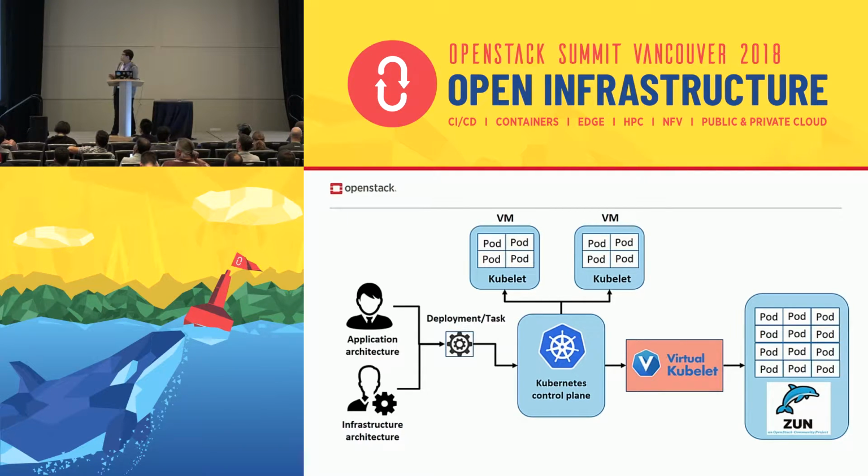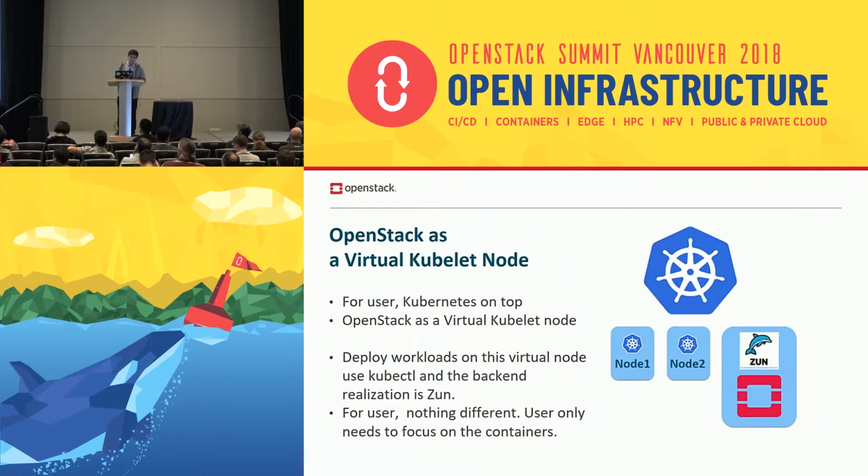So we could see at this level, the whole OpenStack cluster has been treated as a Kubelet node. We treat OpenStack as a virtual Kubelet node. Users could use Kubernetes on top, and the backend realization is Zun.